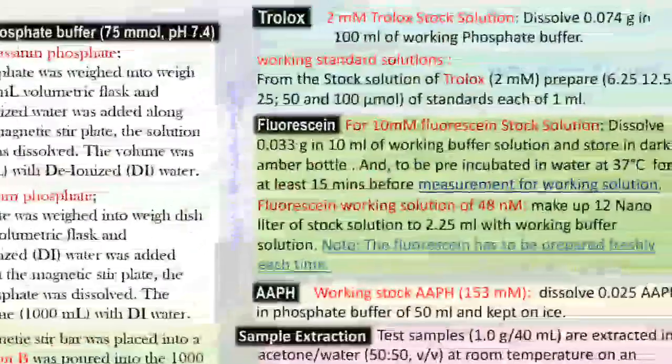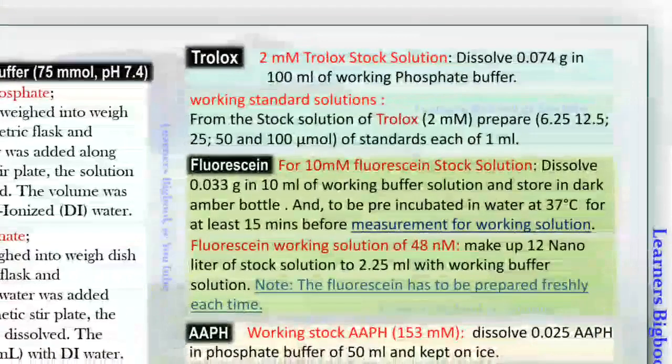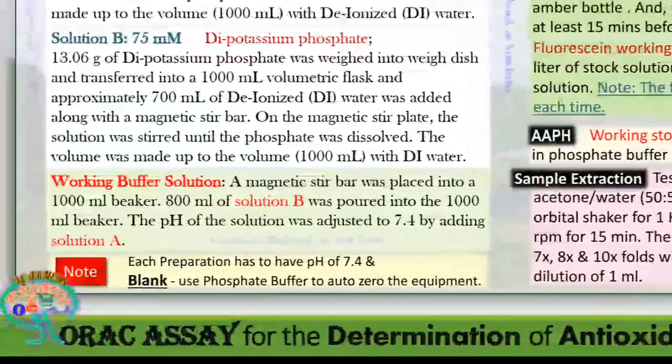Further is Trolox. Trolox has to be prepared at 2 millimolar concentration. So first we have to prepare the stock solution. Dissolve 0.074 grams in 100 ml of working phosphate buffer. So the working phosphate buffer is this one.